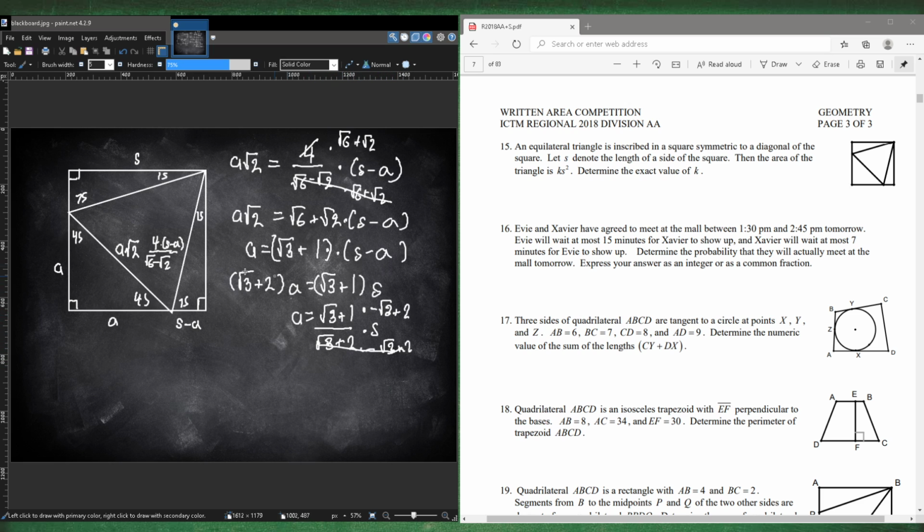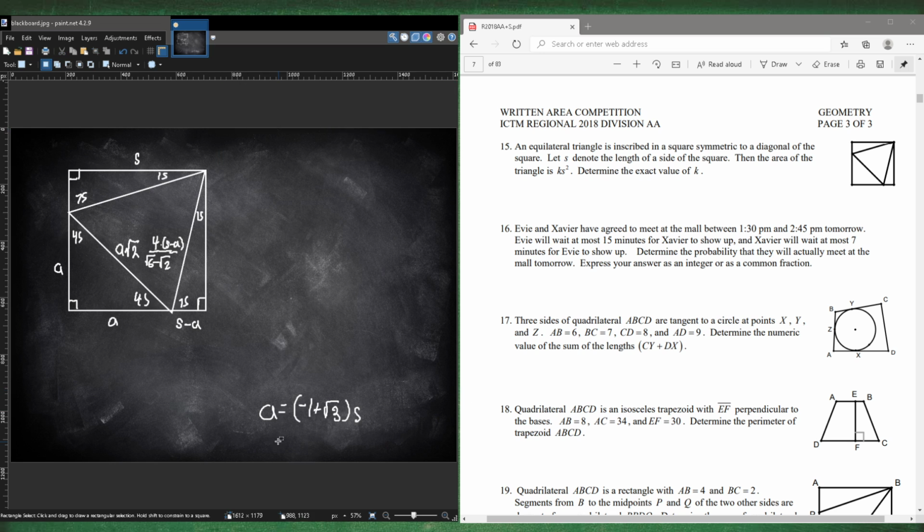On top, square root 3 times negative square root 3 is negative 3, then positive 2 square root 3 and negative square root 3 give a positive square root 3, and a 2 and a 1 makes a 2, plus negative 3 is negative 1. So negative 1 plus square root 3 times s is equal to our a. So we just did all of that just so we could find our a in terms of s.